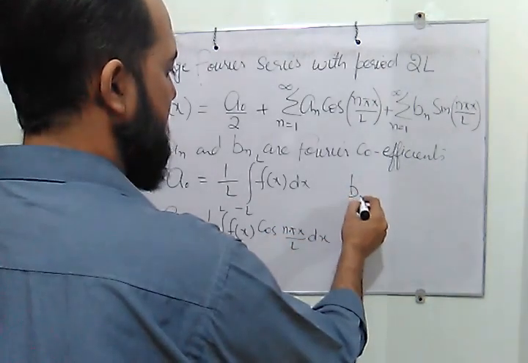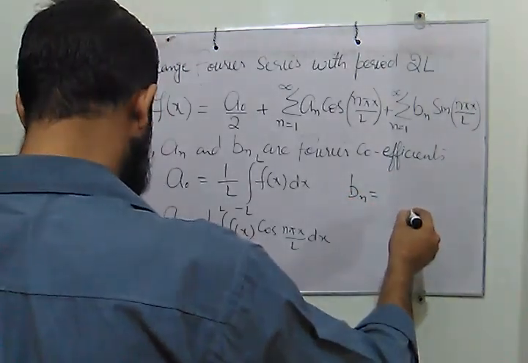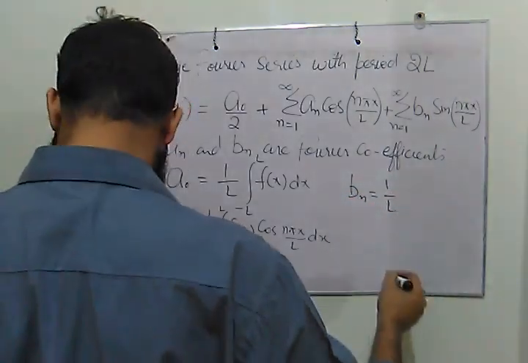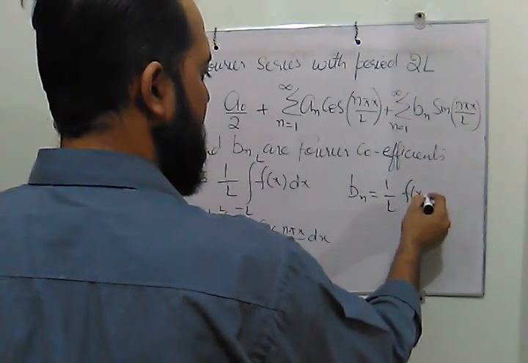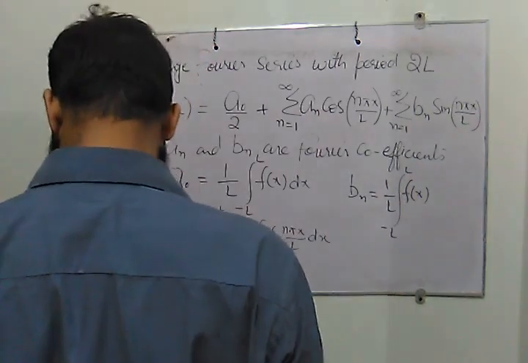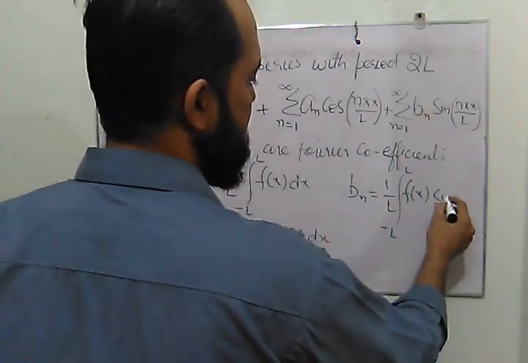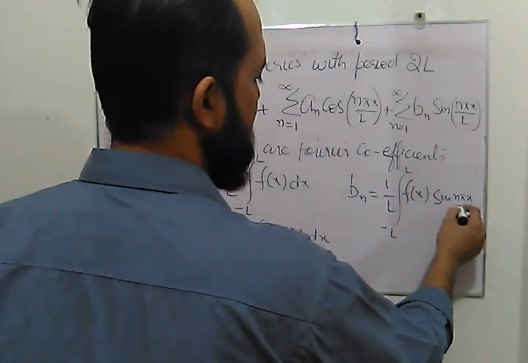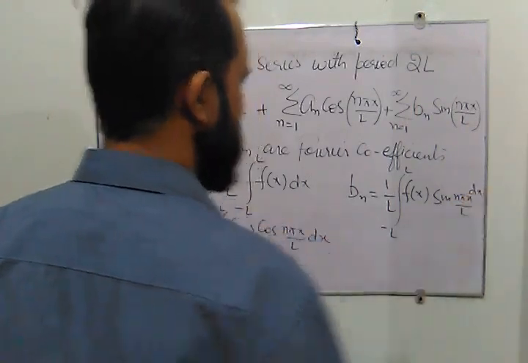And bn can be found using the integral 1 upon L, f of x from minus L to L, sine n pi x upon L dx.